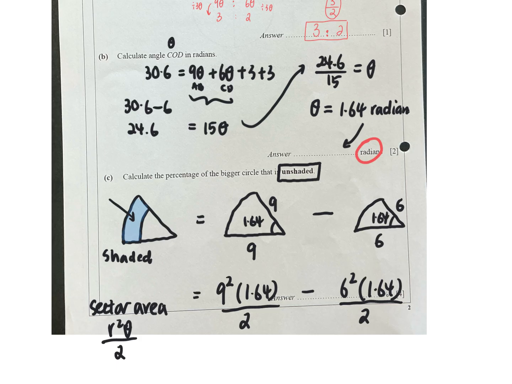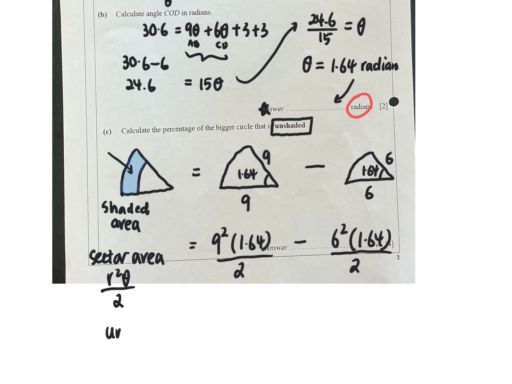So this will help me find the blue piece, but that is the shaded area. The question wants me to find the unshaded one. So there's one added layer. To find the unshaded, I need to use the full circle, take away that blue slice. So this is what you all need to visualize.